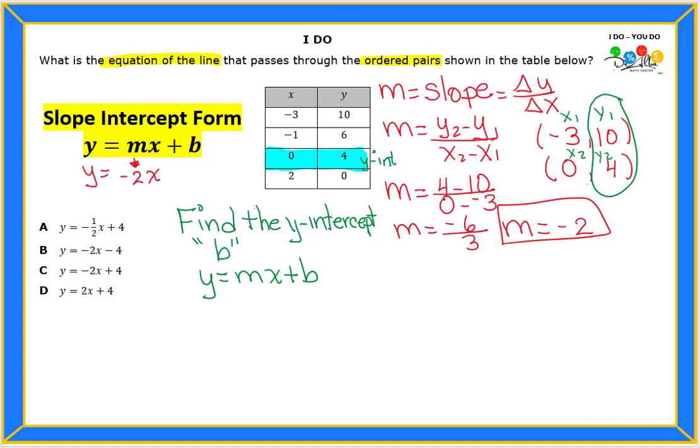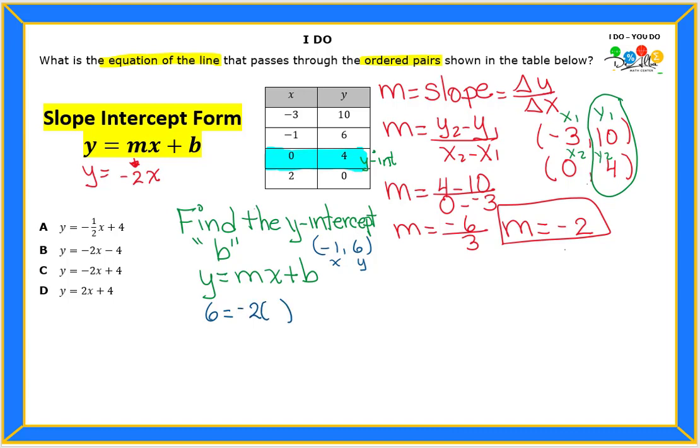So I can go ahead and choose -1 and 6 if I want to, or you can choose any other point, where -1 is x and 6 is your y value. So let's replace the values. y is 6, m is already -2, so I'm going to write down -2. I found it earlier.